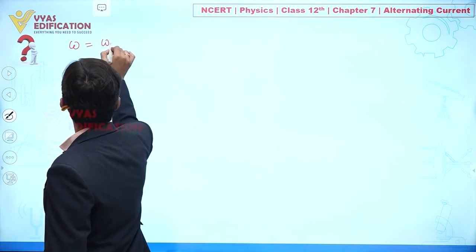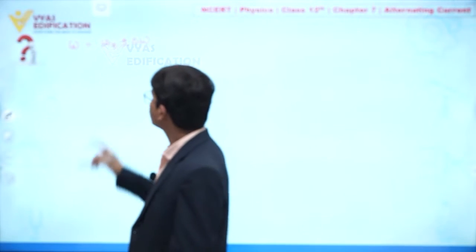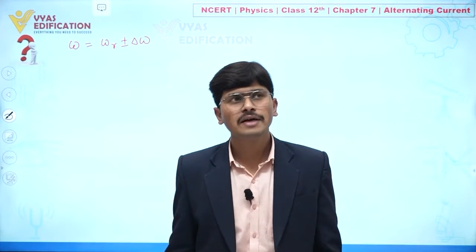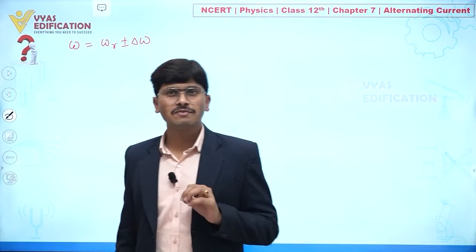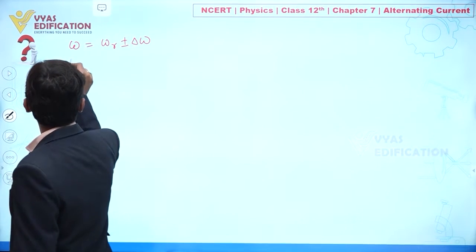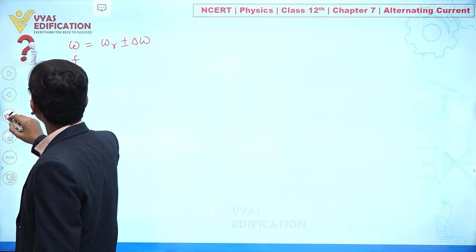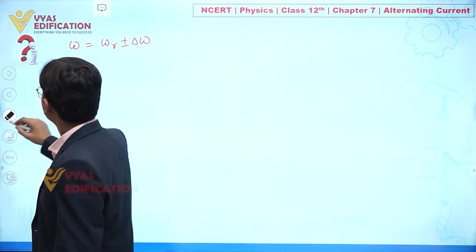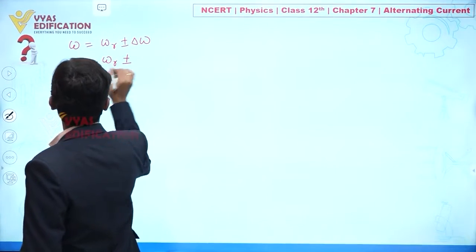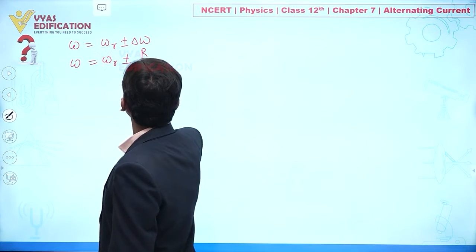You should have one thing in mind, that omega is given by omega r plus minus delta omega. We find this expression whenever we get power at half of the power that we get at resonant frequency. So omega is equal to omega r plus minus R divided by 2L.